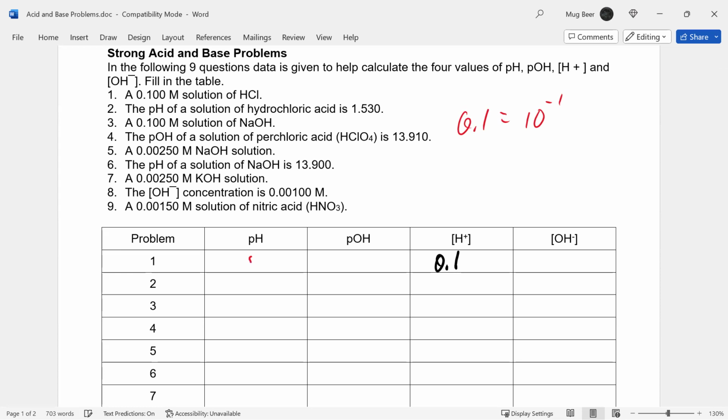So the pH for that is 1. We're good? So I take the log and then I take away the negative sign and I end up with 1. So what's the pOH? 13. So then what's this concentration here? 10 to the negative 13. That is known as accepted.